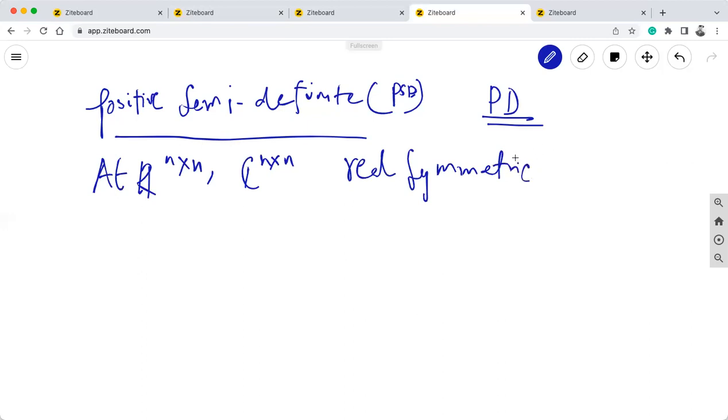That means A equals A star, or A transpose, symmetric or Hermitian.